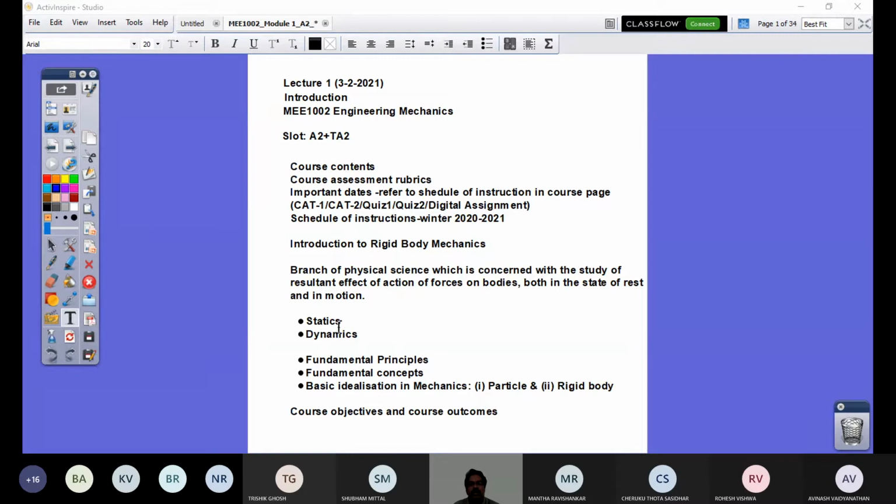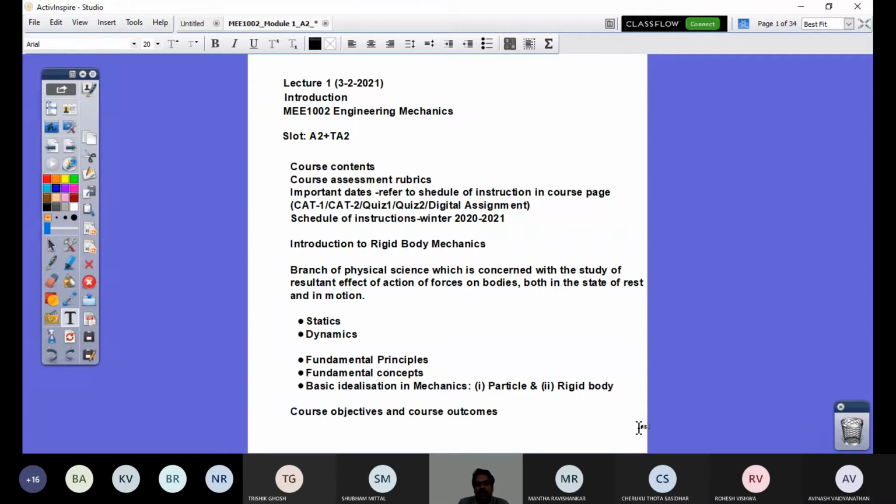We are going to study this mechanics in 2 parts, statics and dynamics. Statics and dynamics, for rigid bodies, are governed completely by certain fundamental principles and some basic concepts. People are waiting. We'll see what those fundamental principles and basic concepts are, and then we'll go ahead with today's class.